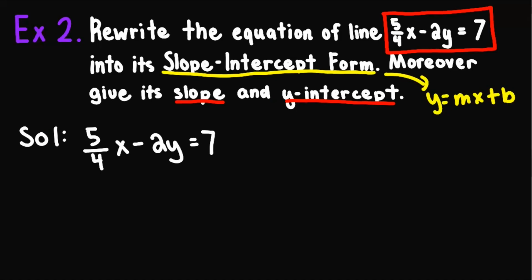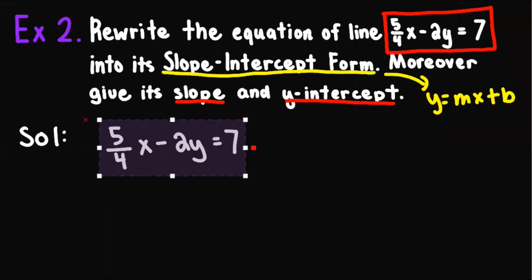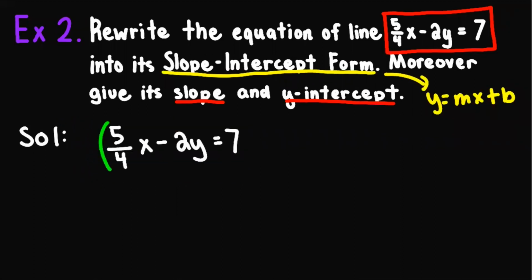So we know that a key factor in this one is that the coefficient of y must be equal to 1. So how do we do this? Well, what we can do is multiply both sides by -1/2.